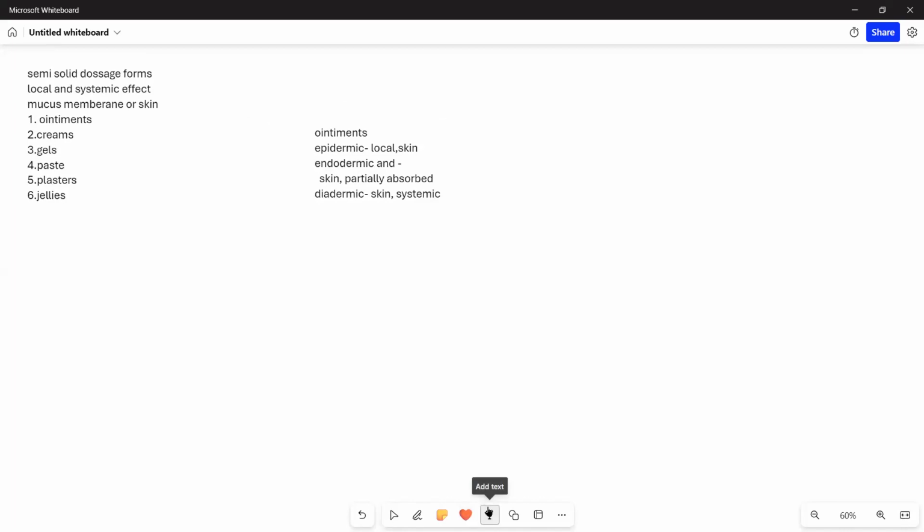While coming to the creams, as we know, creams are emulsions or suspensions. Yes, creams are emulsions, while the jellies are transparent, thick, viscous fluids. Does the diadermic include the release of the drug from the patches?